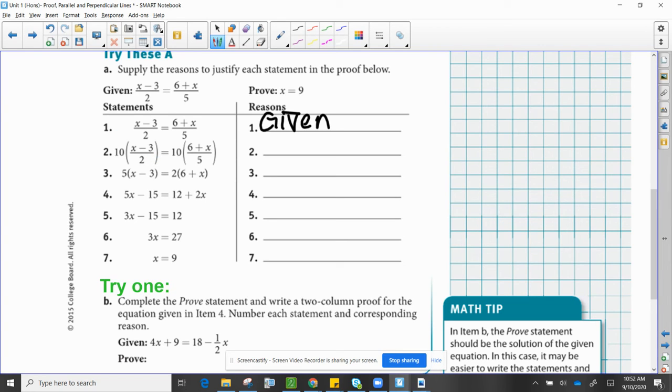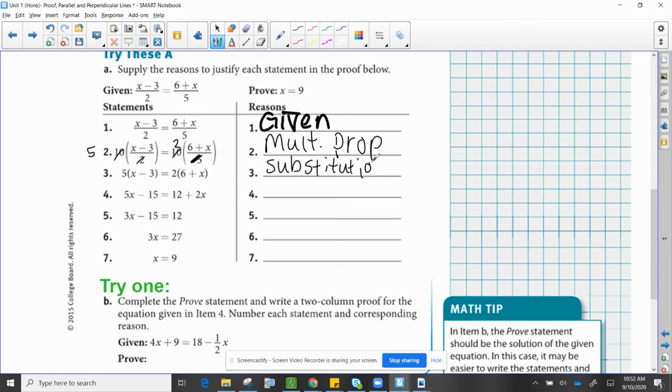So the operation they're doing is multiplying. So this is our multiplication property, right? Okay. And it looks like they simplified it here. So 2 goes into 10 5 times, right? 5 goes into 10 2 times. So they're calling that their substitution property.